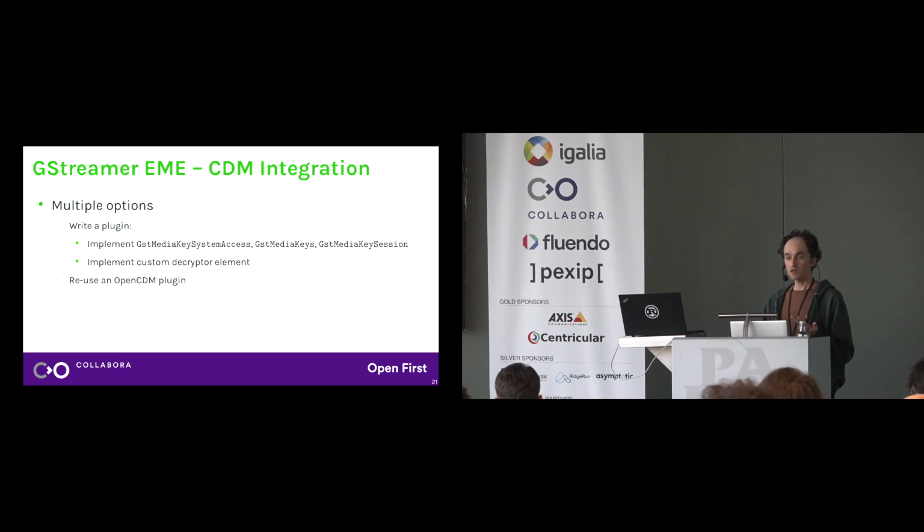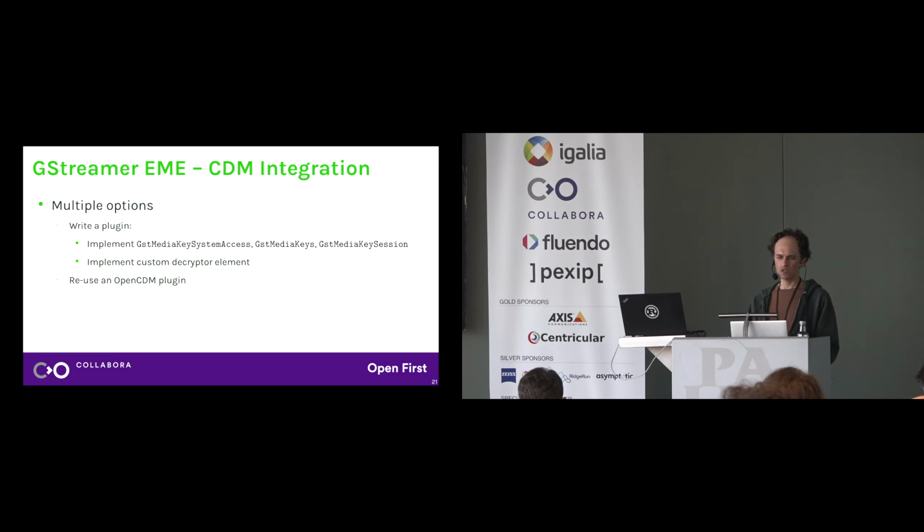Another thing you can do is, there's an existing project for GStreamer called Sparkle CDM, and if you've ever seen something called OpenCDM, it's very similar to the EME concepts. It maps almost one-to-one, very close. And we can just wrap that and adapt it to the EME API.